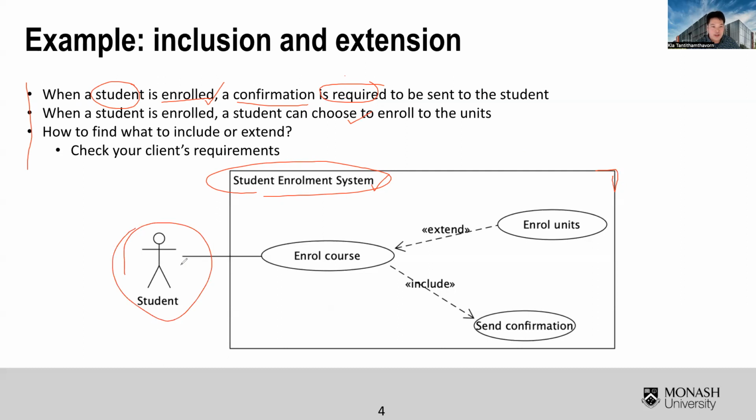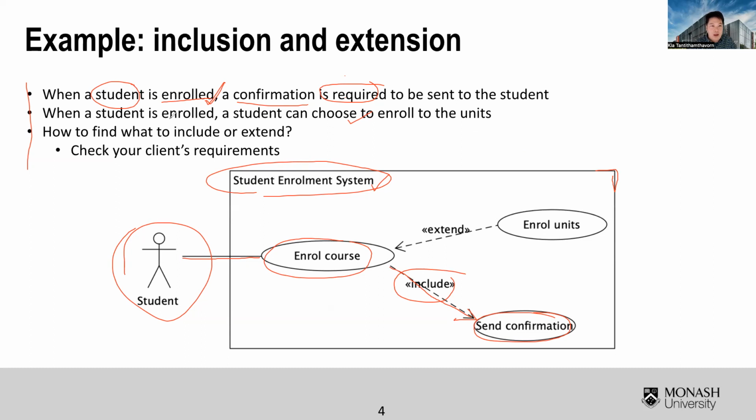Draw this little cute guy with a direct, no-arrow relationship here. The first use case, they have to enroll, okay? A confirmation is required, so we use the include annotation with the arrow, in the dash line, to the send confirmation use case. It is related to the send confirmation use case.